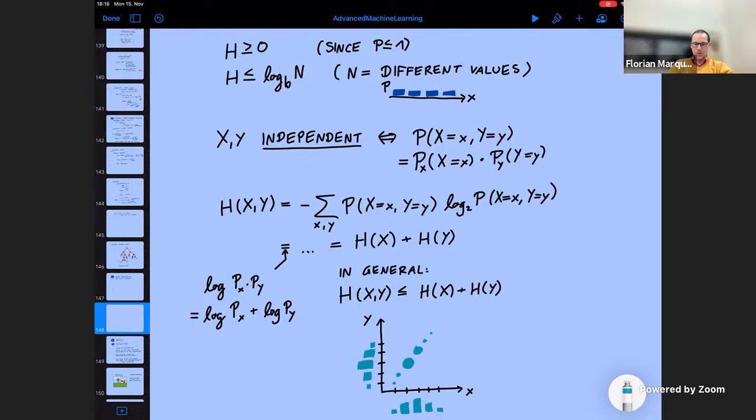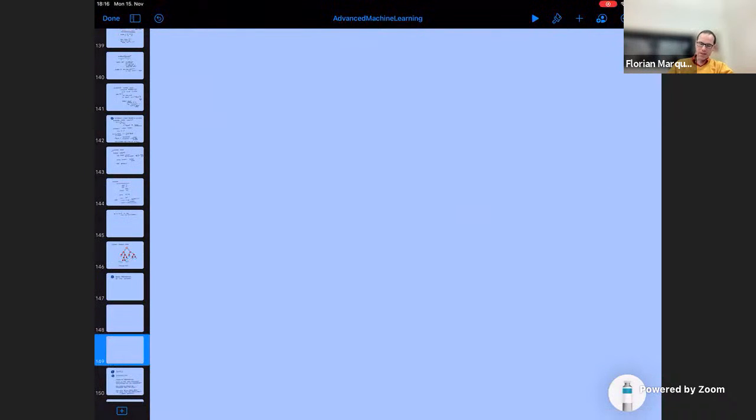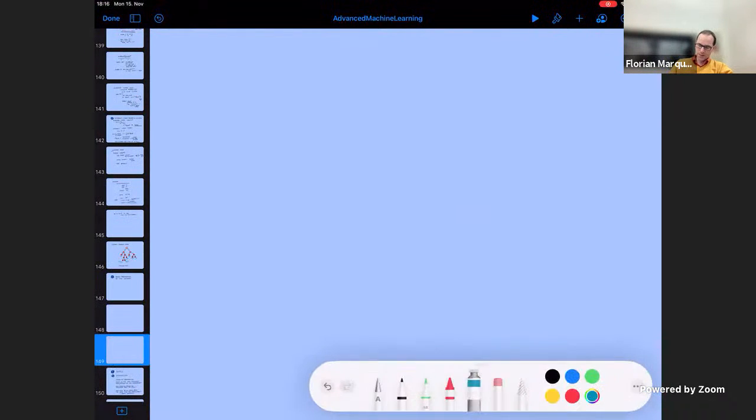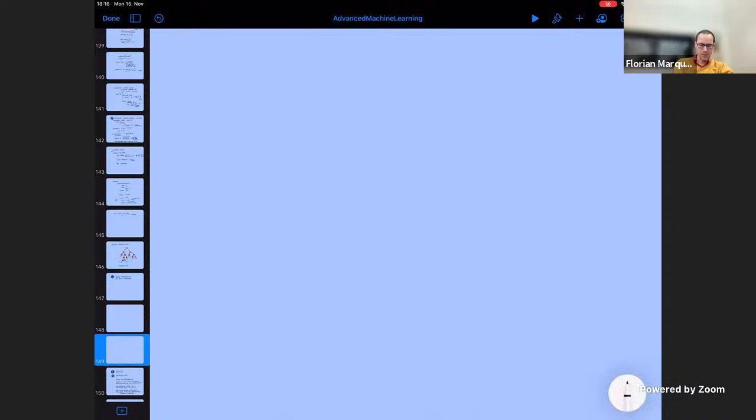And then I want to add one final property to this list of properties, and that is also quite interesting. So imagine you have the following situation. Again, I want to draw a probability distribution. So here, 3 possible values. And here there will be another probability distribution. Again, 3 possible values.